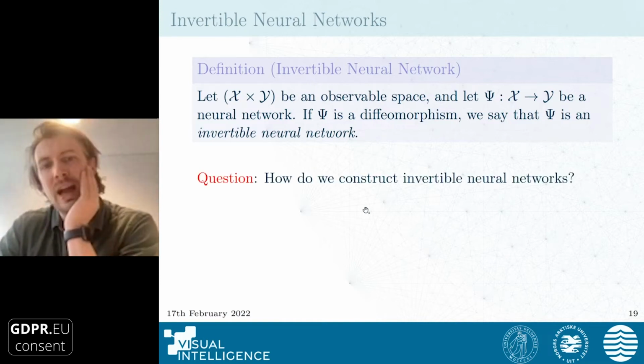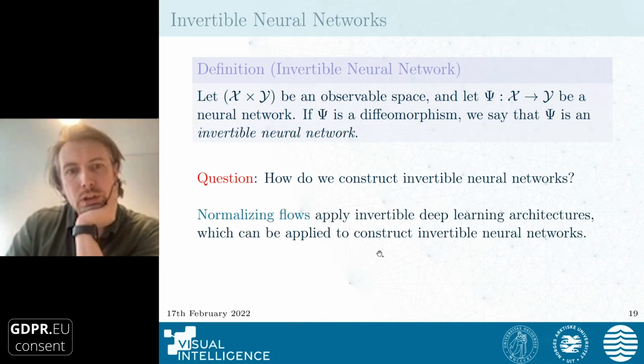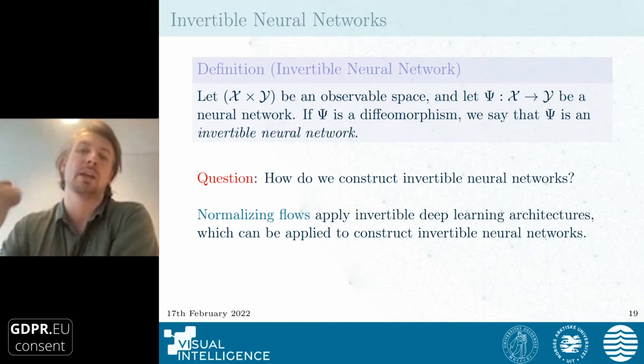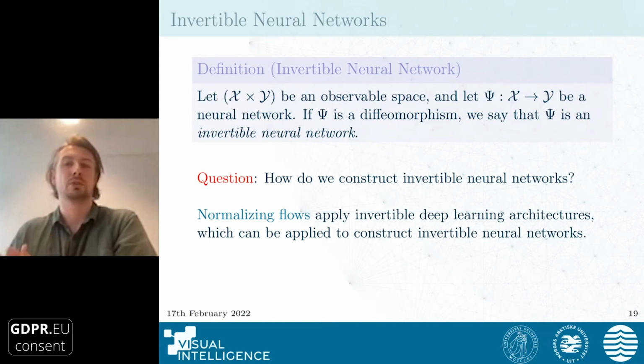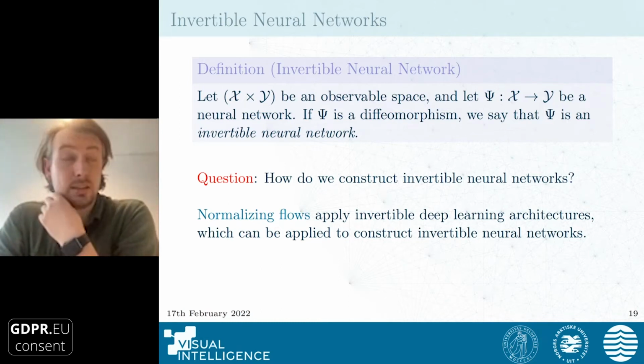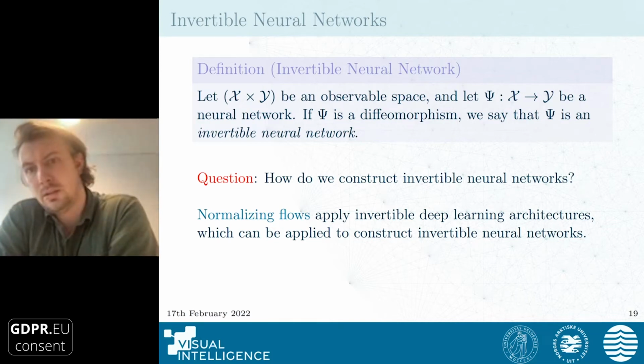So the question is, how do we construct these invertible neural networks? And the interesting thing is that normalizing flows actually apply invertible neural networks to do density estimation and probabilistic estimations.